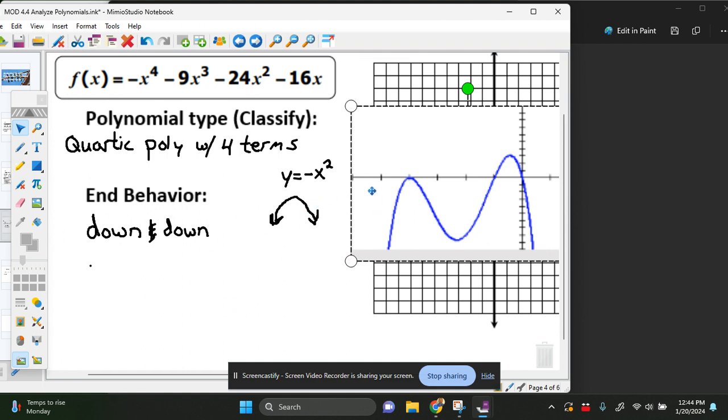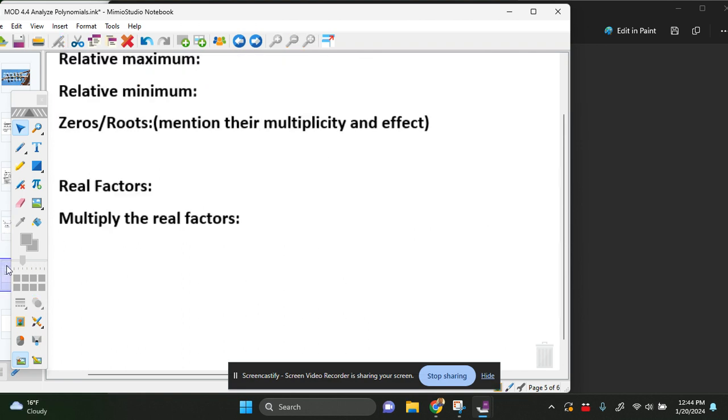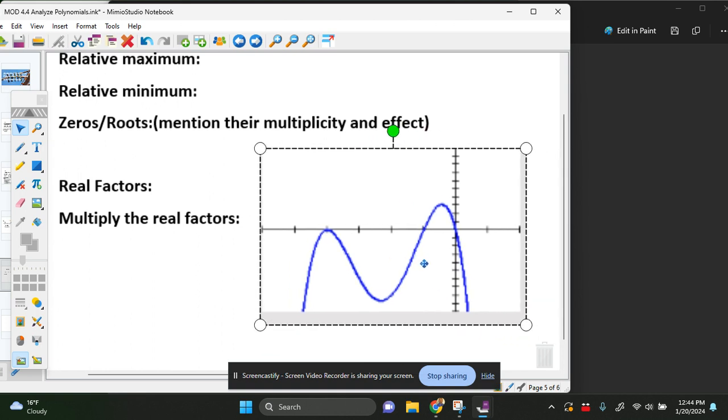And actually, I'm going to paste that on the next page too. Here's the other things we have. We have to find the relative maximum, minimum, and all that. So here's our graph. And I can see the graph is going up, increasing. It bounces off the x-axis. So we know that the zeros here have a multiplicity of an even number.